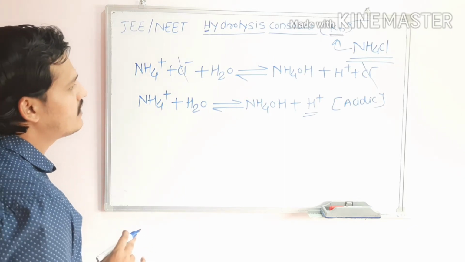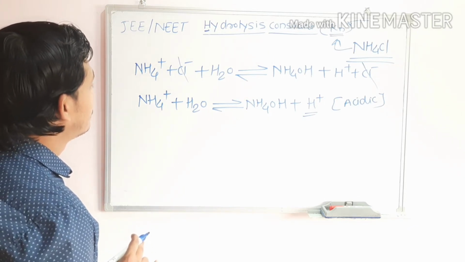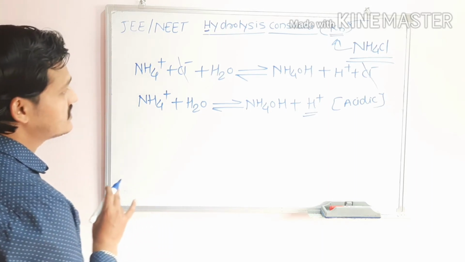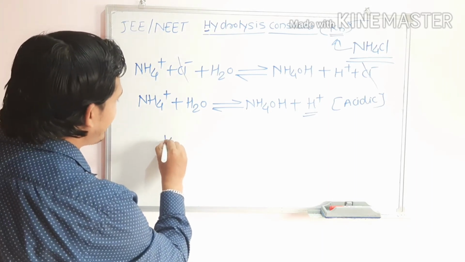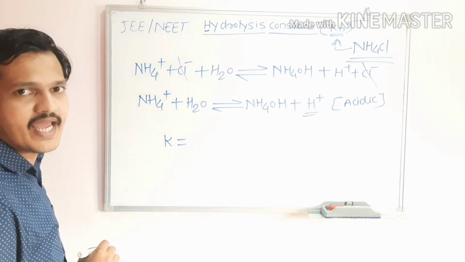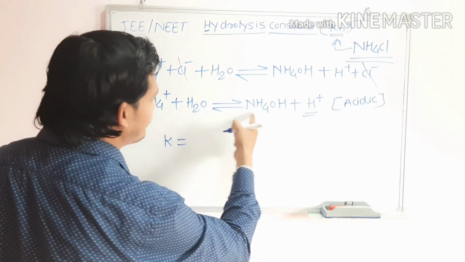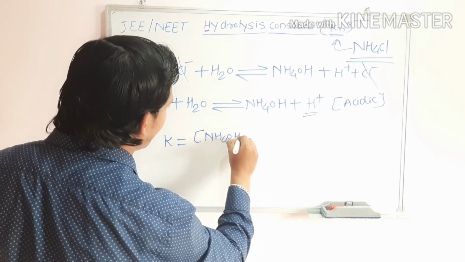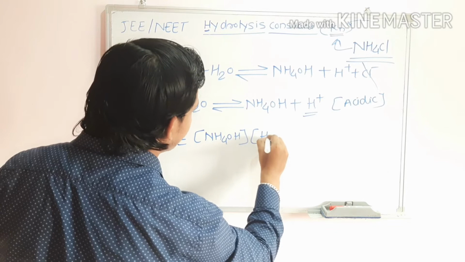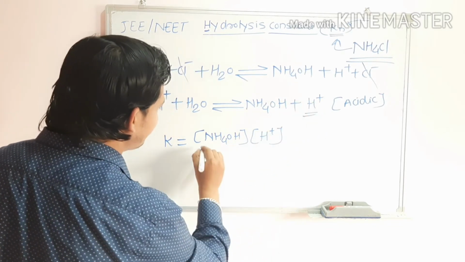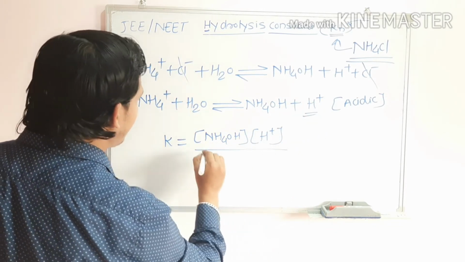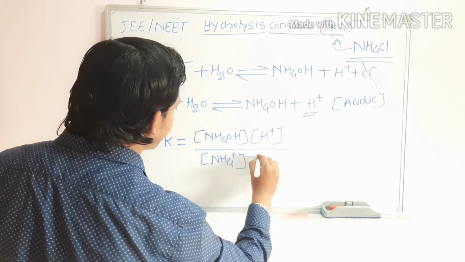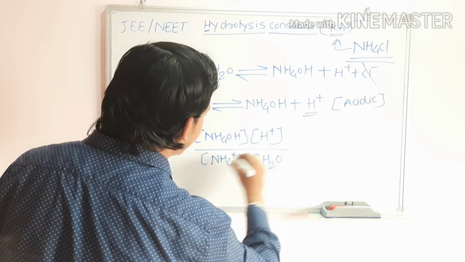Now we have to take the dissociation constant for this by applying the law of mass action. What is the product? In bracket NH4OH and in bracket H plus, divided by the reactants, in bracket NH4 plus and in bracket water.